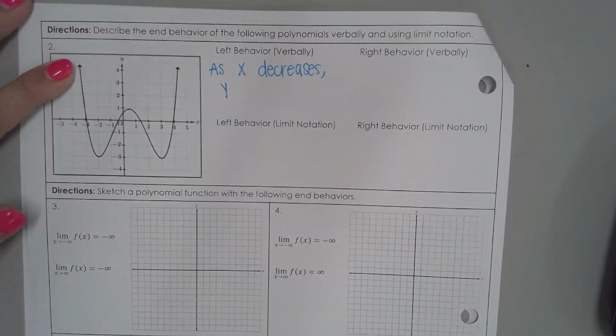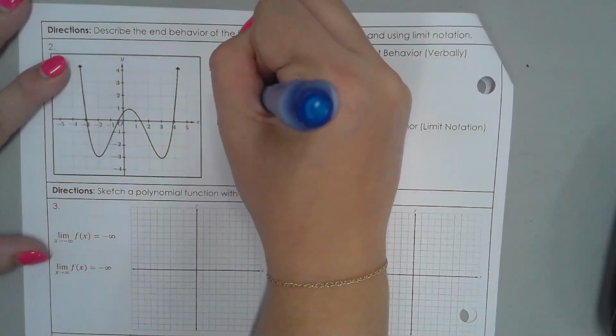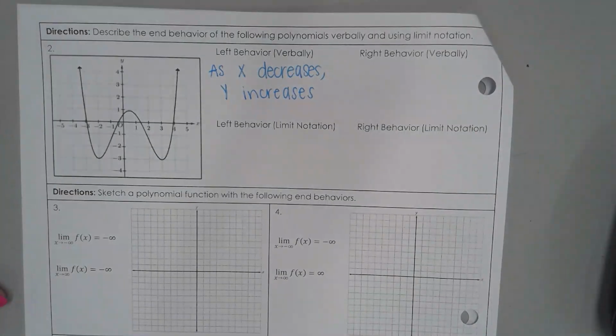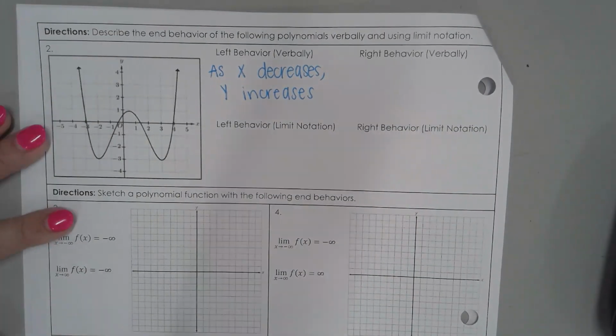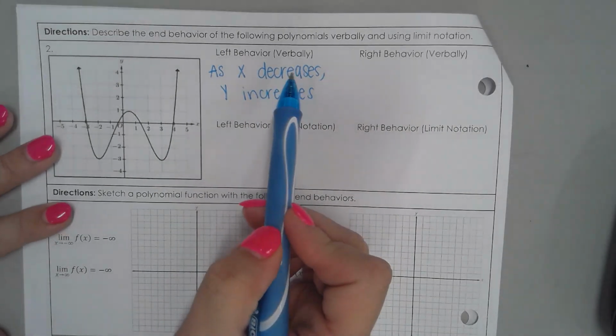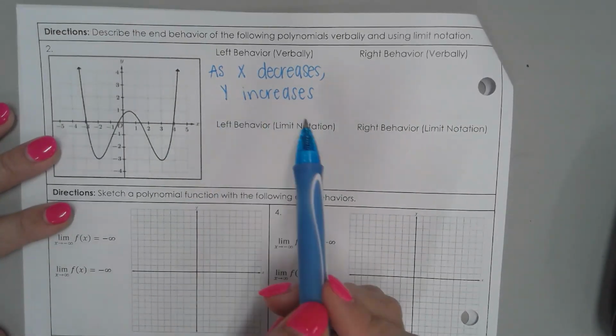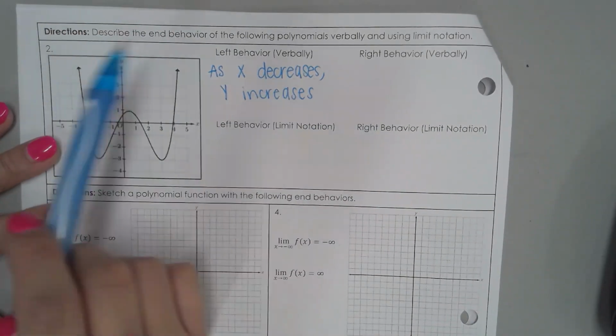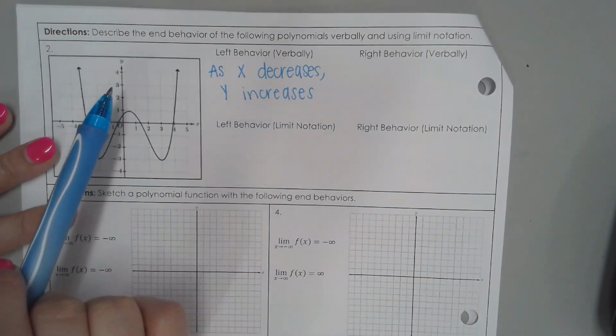Up. So y increases. So as x decreases to the left, y goes up. So the left side pointing up. X decreases to the left. Y increases up.